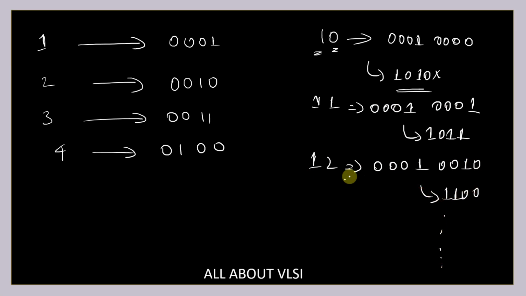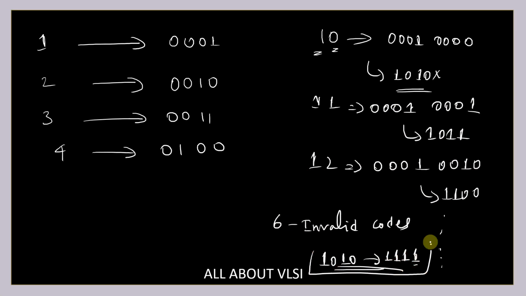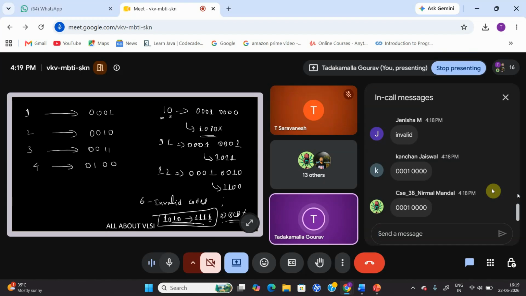So if you carefully observe, you totally have 6 invalid codes, starting from 1010 to 1111. These codes don't exist in the BCD format of representation.